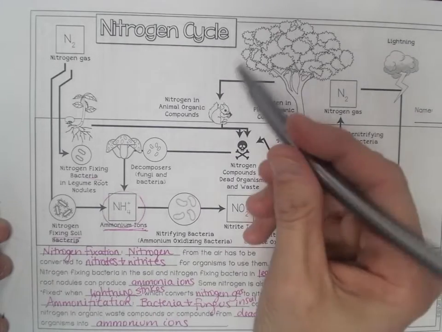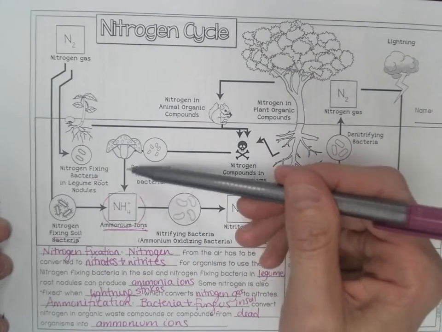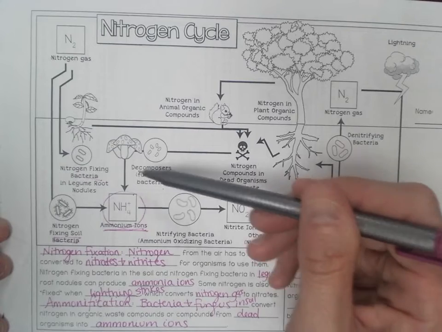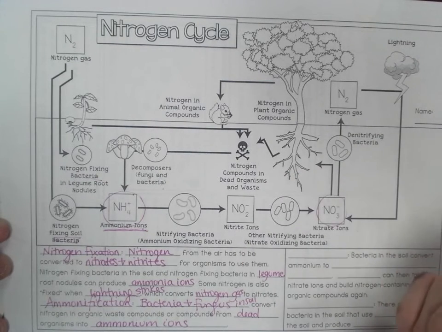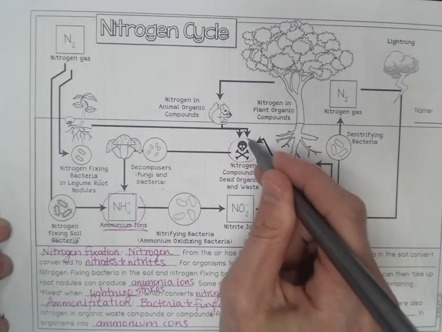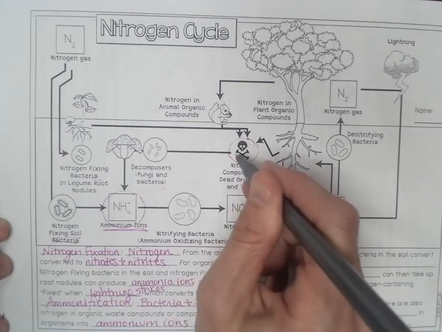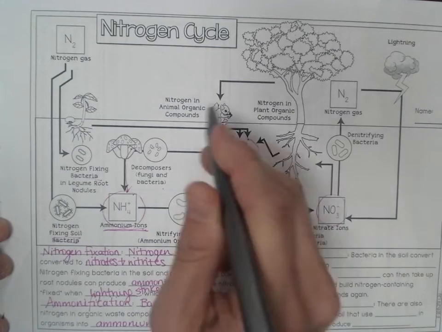So again, we have this process here happening. Decomposers, the fungus and bacteria, they're creating ammonium ions as well. So this is our dead organisms here. They are being decomposed into ammonium ions.